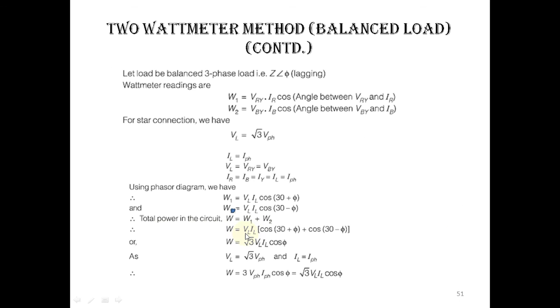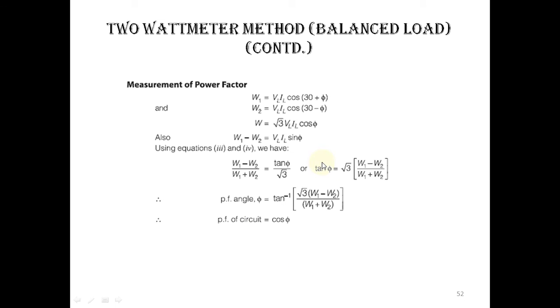If you take line, then it will be only VL IL cos of 30 plus phi plus cos of 30 minus phi, and that is total W. So W equals root 3 VL IL cos phi, where VL equals root 3 VPH and IL equals IPH. I was talking about the phase voltage, that's why I said root 3 over here. So W equals 3 VPH IPH cos phi or root 3 VL IL cos phi. That is the total power consumption in the three-phase balanced star connected network.